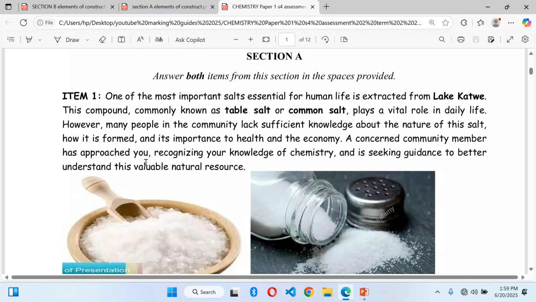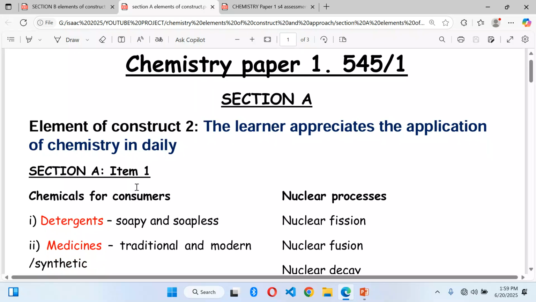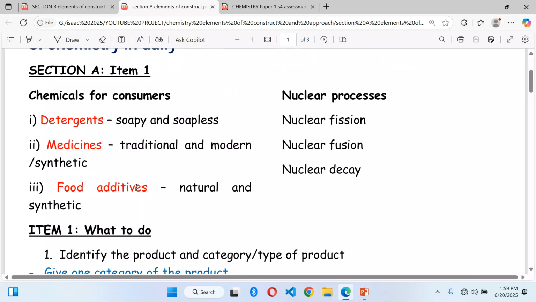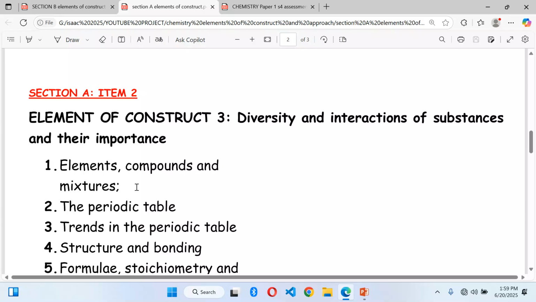Item number 1. We know we have the elements of construct, but for this paper specifically, we are getting the item not from this element of construct. Instead, we are getting from the third element of construct, which is the diversity and interaction of substances and their importance.